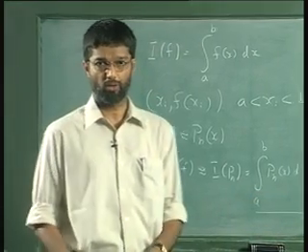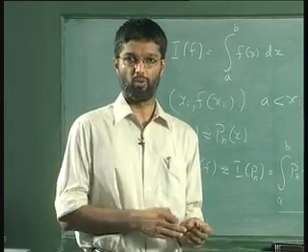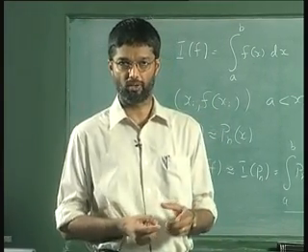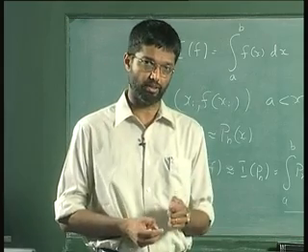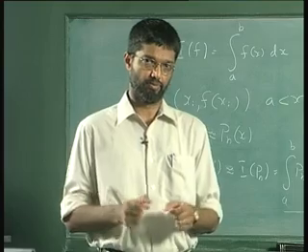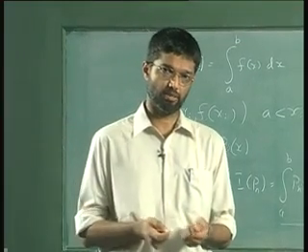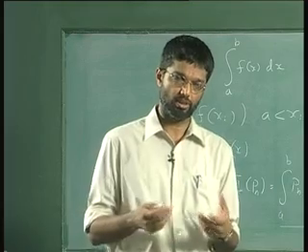Now, this need not always be true, that psi k of x is of one sign in the whole interval. That depends on at what points the function is tabulated in this interval a to b. So, can we estimate it in some more general cases?